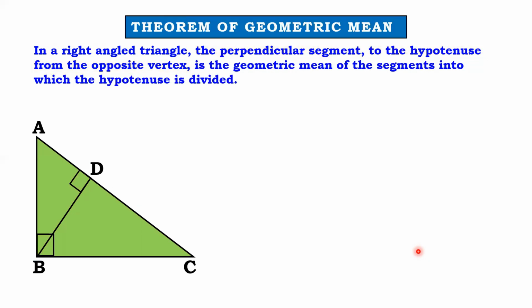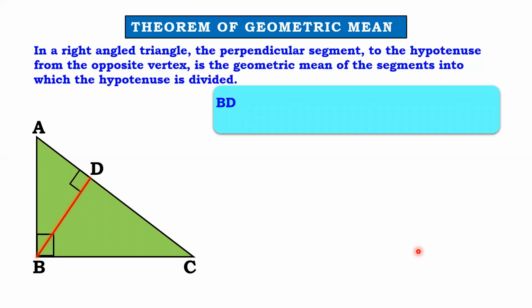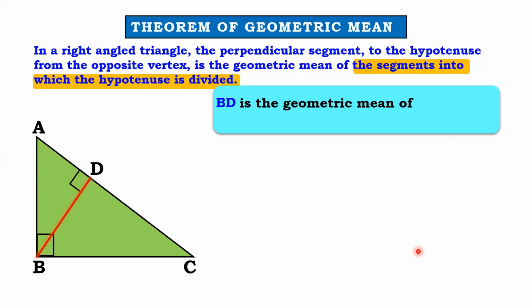So here, what are they mentioning? It is clearly mentioned that the perpendicular drawn to the hypotenuse is the geometric mean. This perpendicular is the geometric mean. So BD is the geometric mean of the segments into which the hypotenuse is divided. Now tell me, students, hypotenuse is AC.